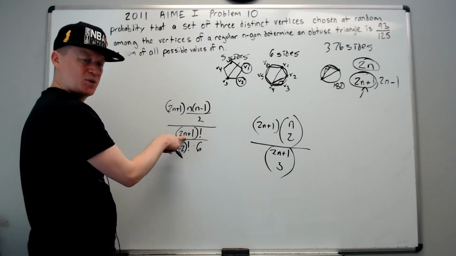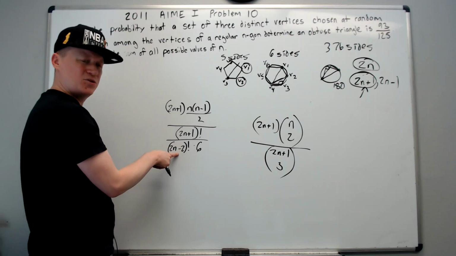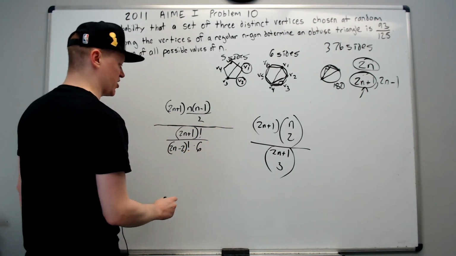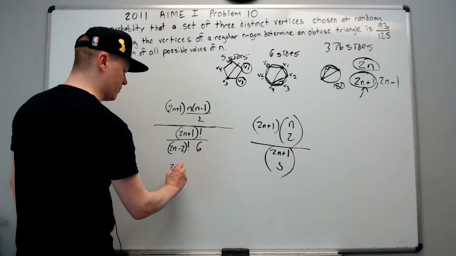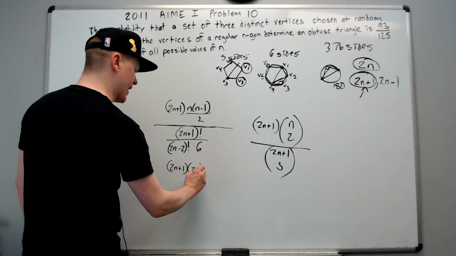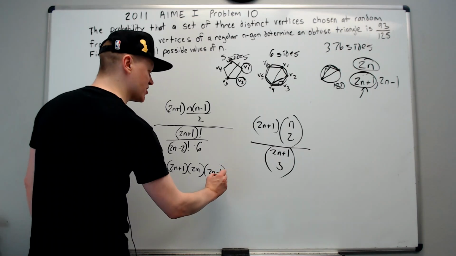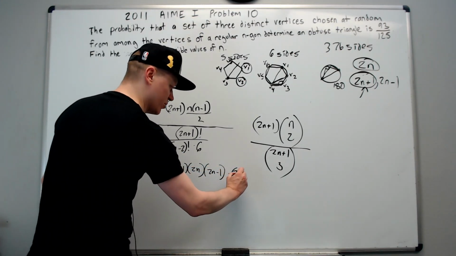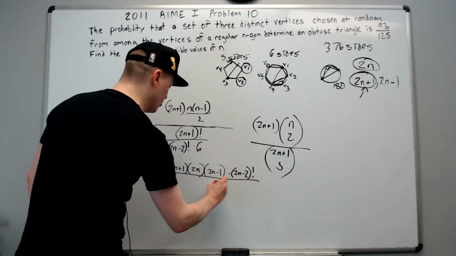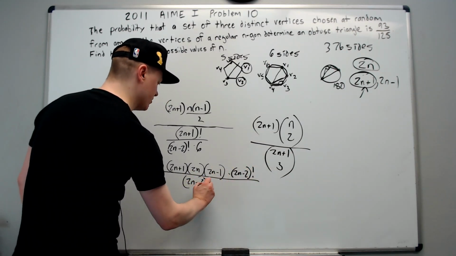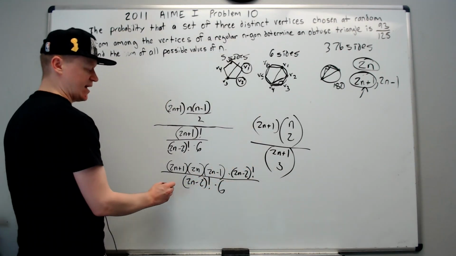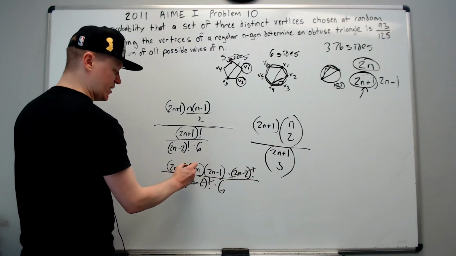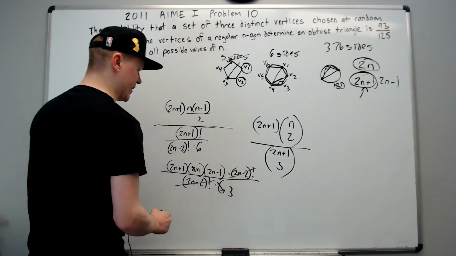This is the one you reduce. The bigger factorial you reduce to cancel the smaller. So just looking at the denominator of this expression, it's going to be 2n plus 1 times 2n times 2n minus 1 times 2n minus 2 factorial, over 2n minus 2 factorial times 6. Now, the 2n minus 2 factorials cancel, and the 2 here will cancel with the 6 to leave 3.